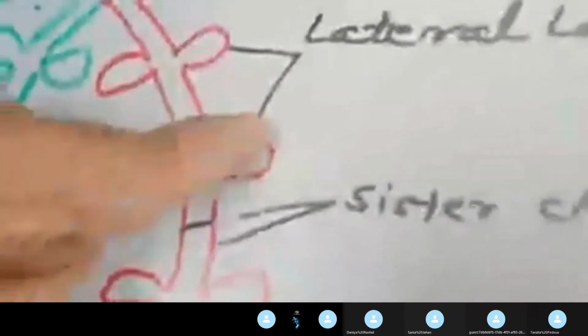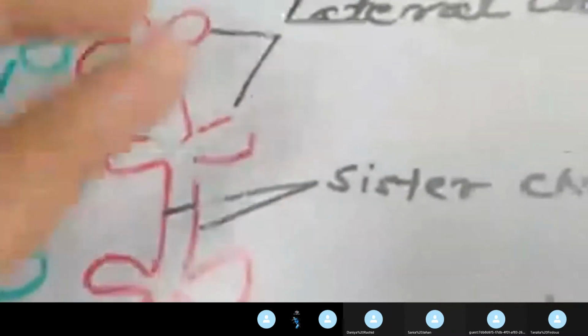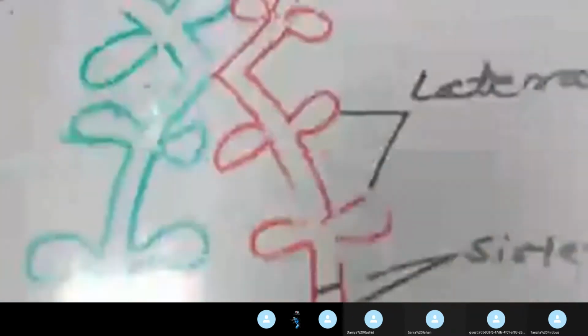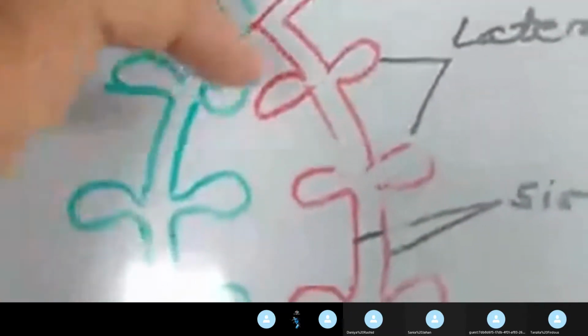This DNA is transcribed to form mRNA, and the mRNA will be translated to produce protein. As soon as the process is completed, the lampbrush loops are reabsorbed. Loops disappear, and this structure changes into the normal chromosome.